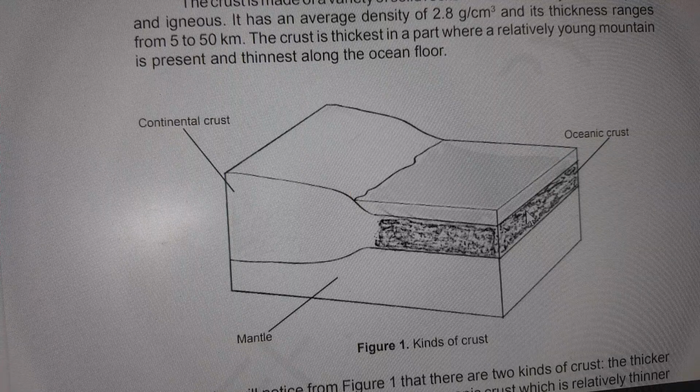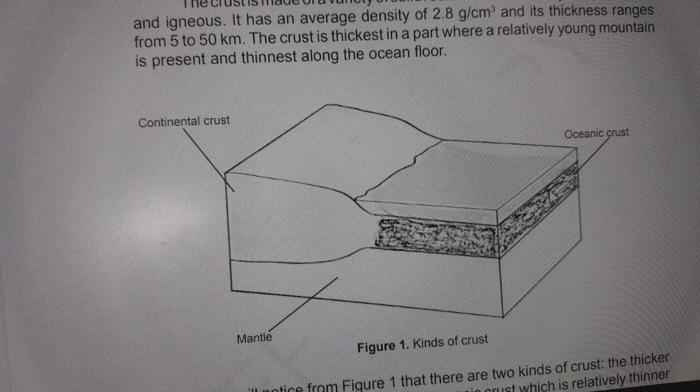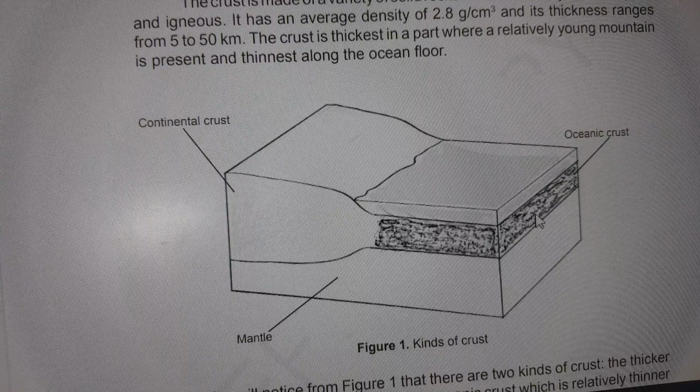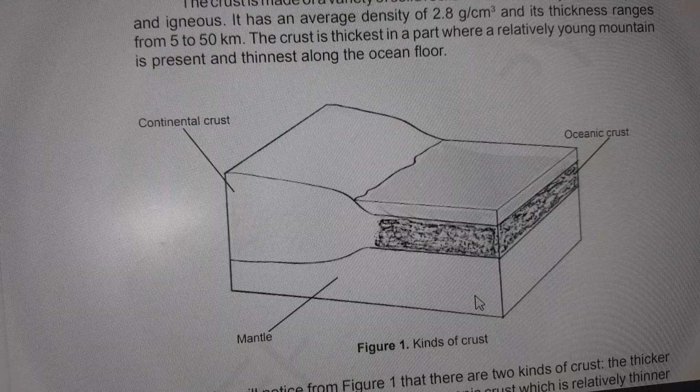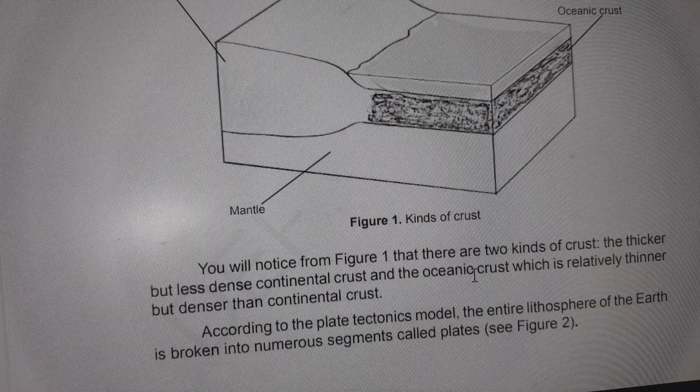The oceanic crust, from the word ocean. So it means to say there is water there, okay? There is water there. And the mantle is the bottom of the earth's crust.